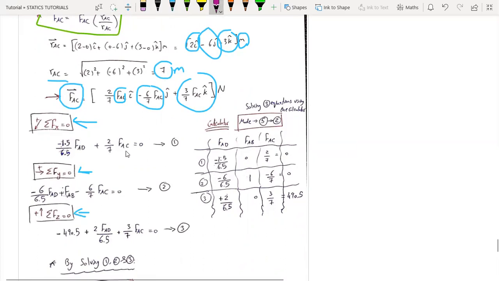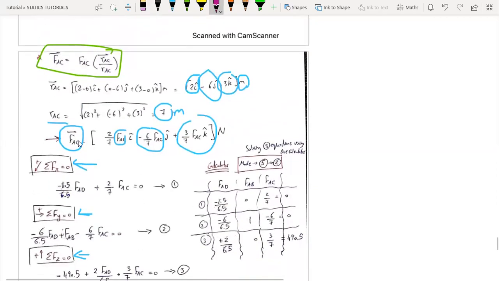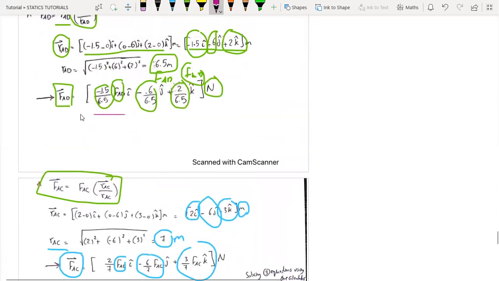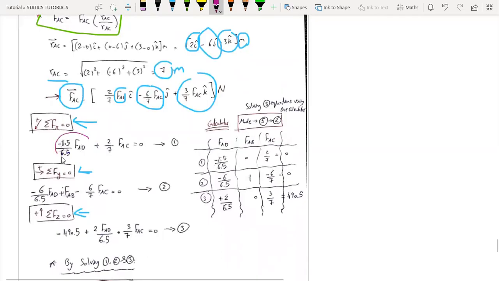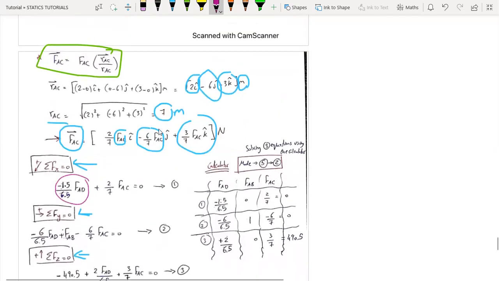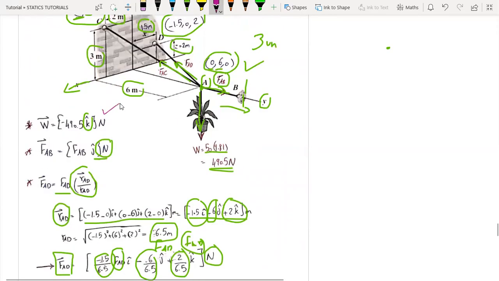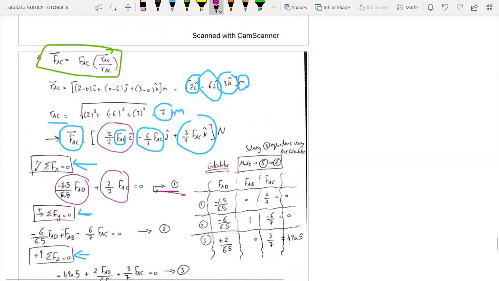Now taking the summations in the x, y, and z directions, we are going to find our 3 unknowns. First of all we collect the i hat terms from our previous equations: minus 1.5 over 6.5 F_AD, plus 2 over 7 F_AC, and we don't have i terms from the tension in AB, so equals 0. This is equation number 1.